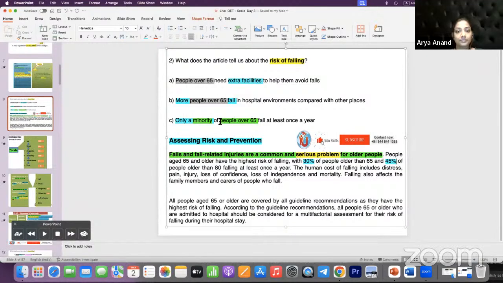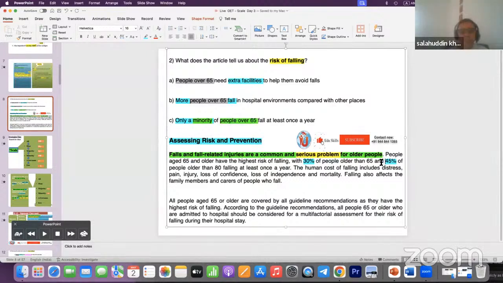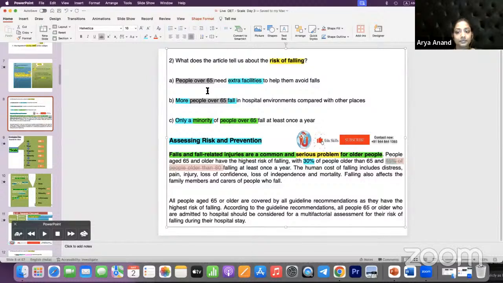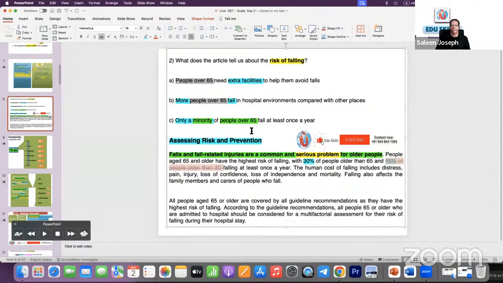Our concern is people over 65. So we are not bothered about people over 80, because in all the options we have people over 65.